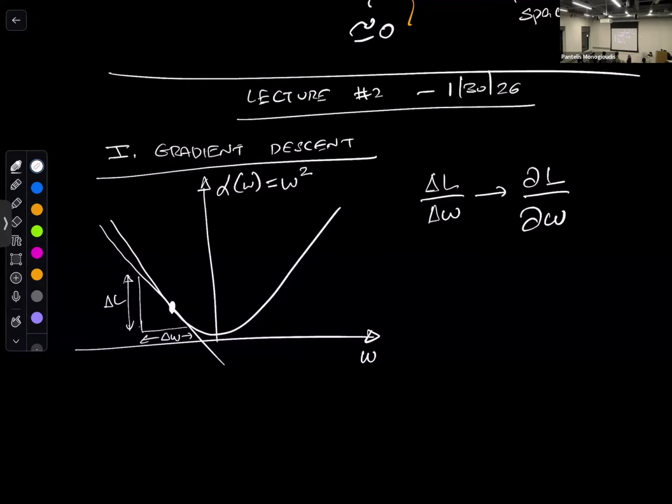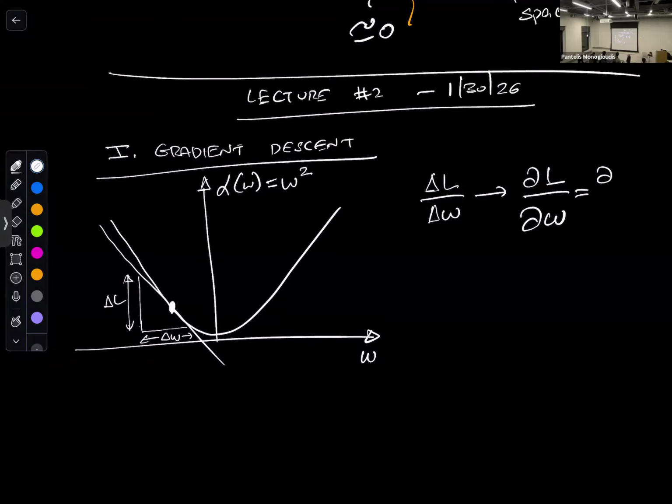You need a multivariate calculus background, but 30 minutes is plenty. So this is the partial derivative of L with respect to W. On the same page, there is a lookup table of partial derivatives that you should print and have with you in your exam, because you may need to use partial derivatives to solve an optimization problem by hand.